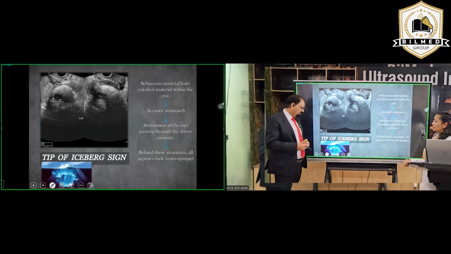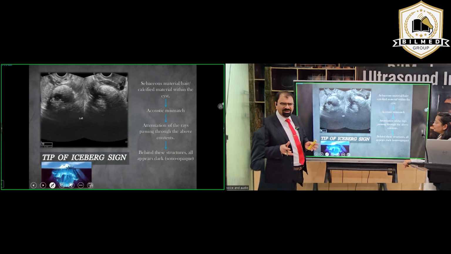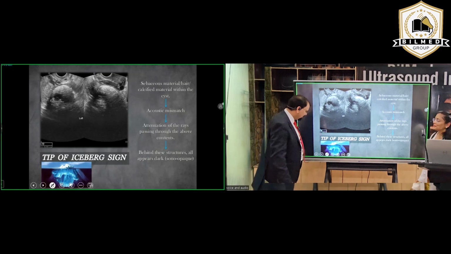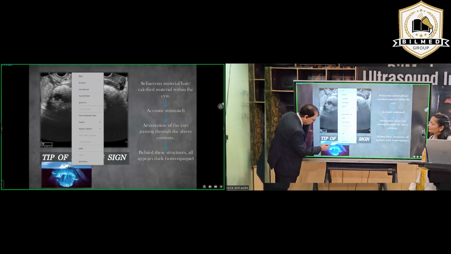Those who have not undergone any ultrasound training will not understand this, I bet. Now the point here is that this is the iceberg, and this is the tip of this iceberg.